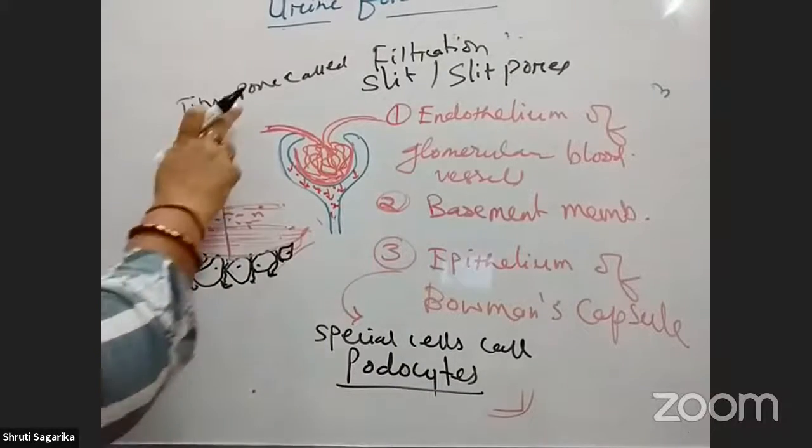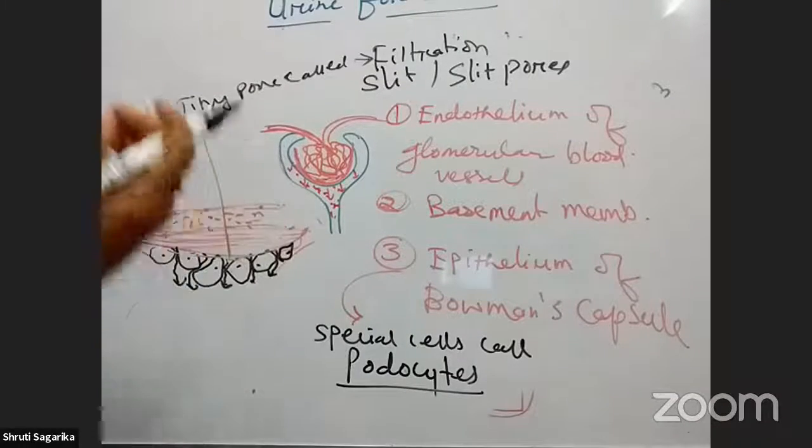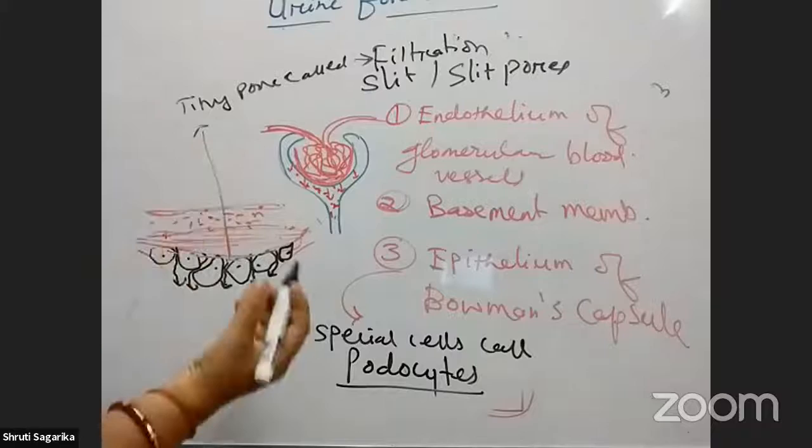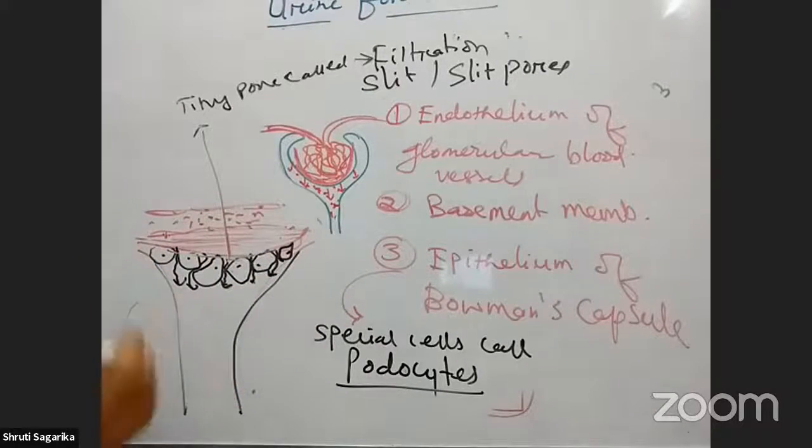These tiny pores are called filtration slit or called as slit pores. They are the reason for the filtrate to come into the tubular part of the nephron.